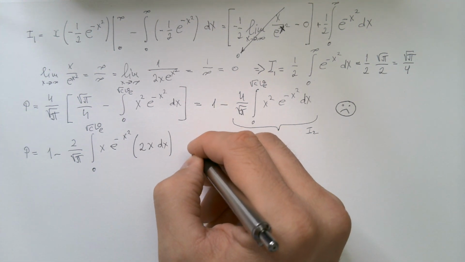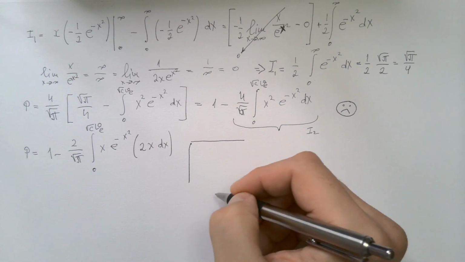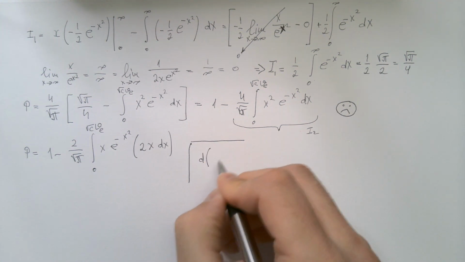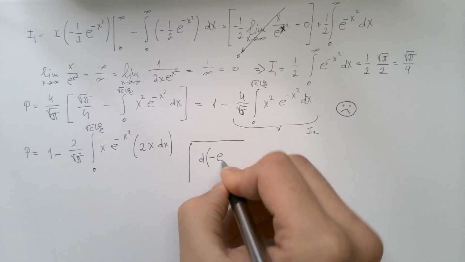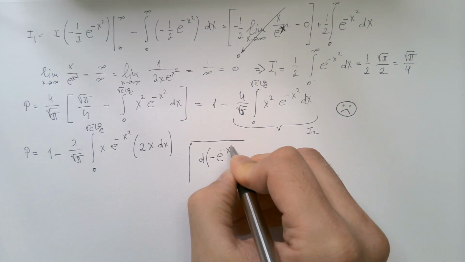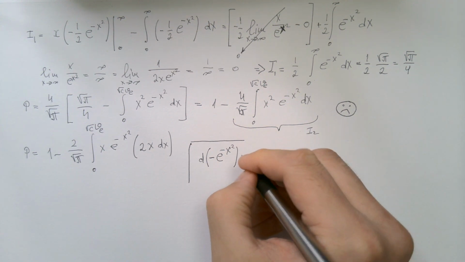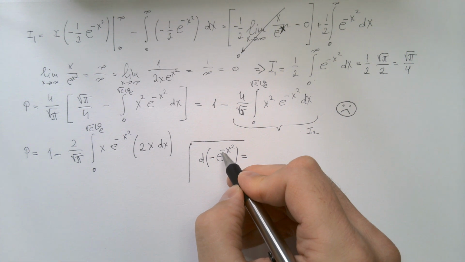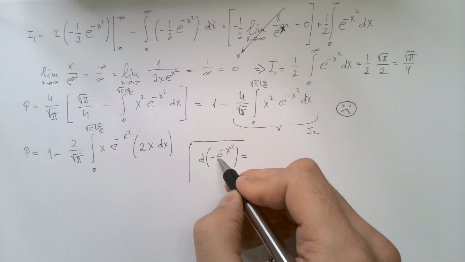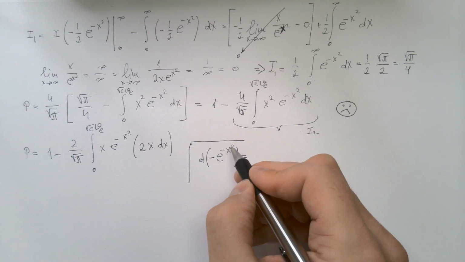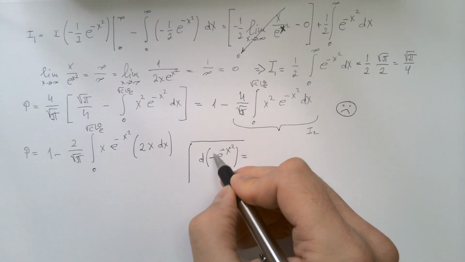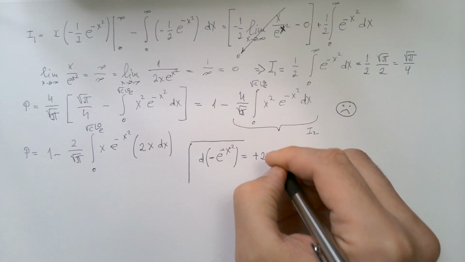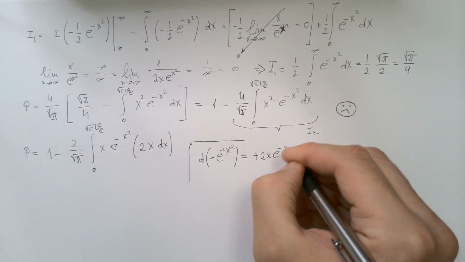Now, let's do another note over here. If I take the derivative d of this expression, negative e to negative x squared, then the derivative of this will be, of course, negative 2x e to negative x squared, but this negative that comes down will cancel with this one, so I will get plus 2x e to negative x squared.